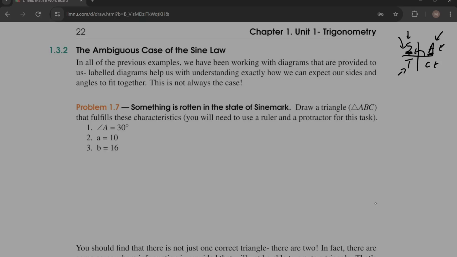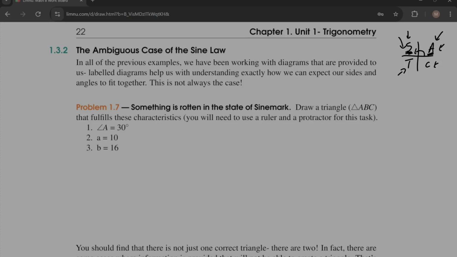But let's take a look at this. To fulfill these characteristics, we're not going to use a ruler or protractor for this task. I'm going to draw this out for you once we've done the work. They give us angle A and side A, so they give us one match, but we don't know what angle B is.